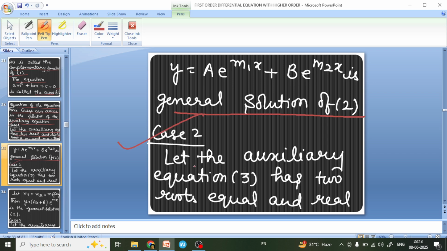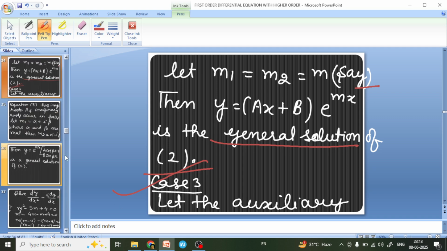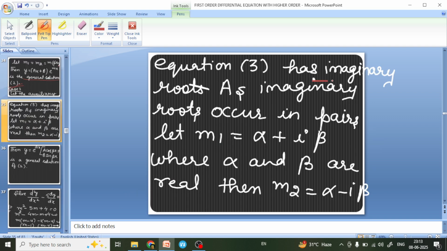According to case 2, let the auxiliary equation 3 have two equal real roots, m1 equal to m2 equal to m say. Then y is equal to (ax plus b) multiplied by e raised to power mx, the general solution of equation 2. In case 3, let the auxiliary equation 3 have imaginary roots.